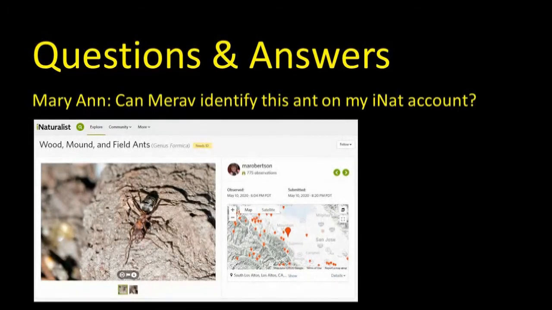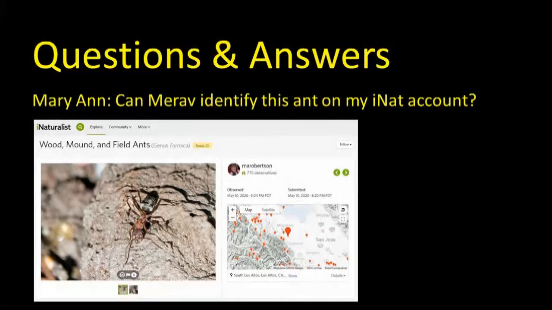This is a Formica, a field ant. Someone identified it, and it kind of looks like Formica moki, which is the common big field ant that we see around here, but there are a few species that look alike. So it's difficult to tell ants to species. I know on iNaturalist and other places, people really want to get things identified to species, but it's often difficult to tell exactly the species.